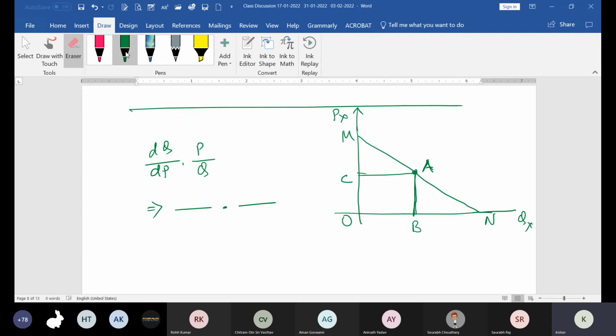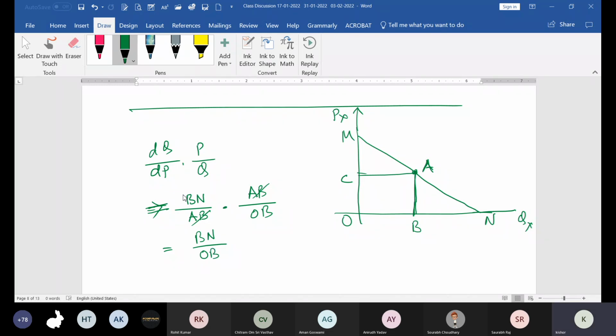At this point A, this elasticity is BN divided by AB. BN divided by AB will represent dq by dp. And what will be P by Q? P is AB, and Q is OB. So ultimately, AB and AB cancel, and you are getting BN by OB.